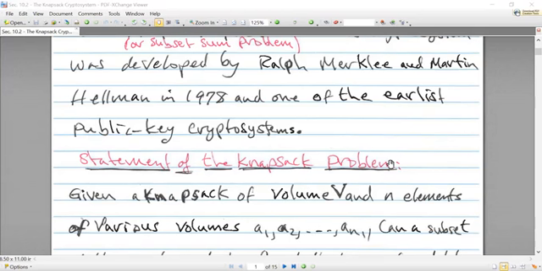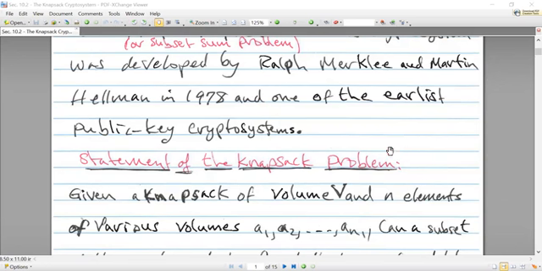Actually, the difficulty of solving this problem is the basis for this crypto system. In other words, security is based on the difficulty. There is basically no good algorithm for solving this, at least when it was invented or introduced.